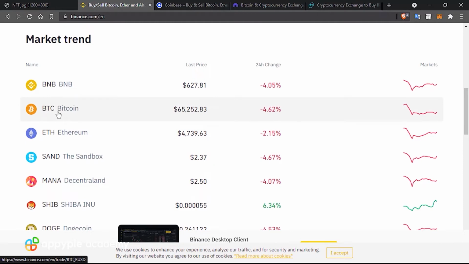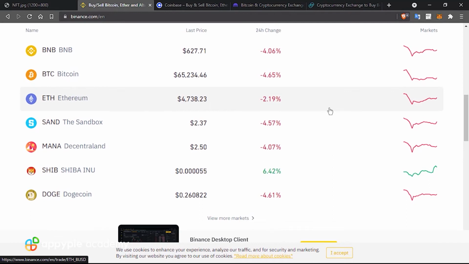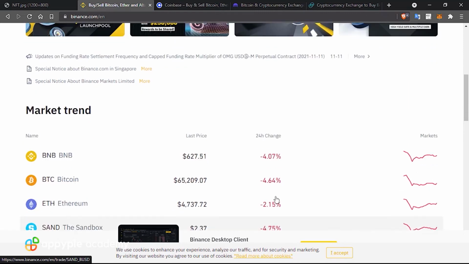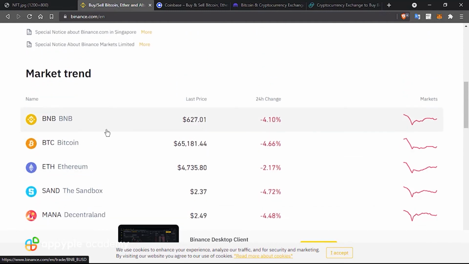Similarly, you can see Bitcoin, BNB, and always remember you don't have to buy a complete Ether or one full Ether. You can always buy a fraction of it. You can also buy Bitcoin, BNB, Mana, Shiba, and Dogecoin through this. So Bitcoins are definitely increasing with the market trend, and you can always buy it using Binance.